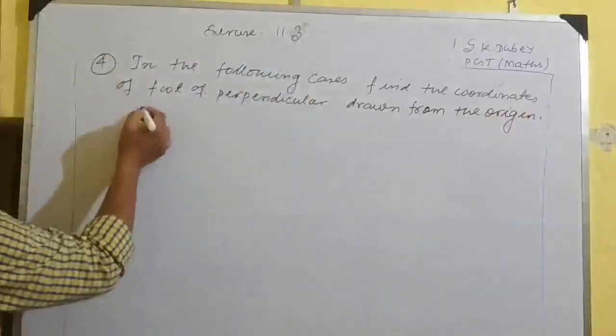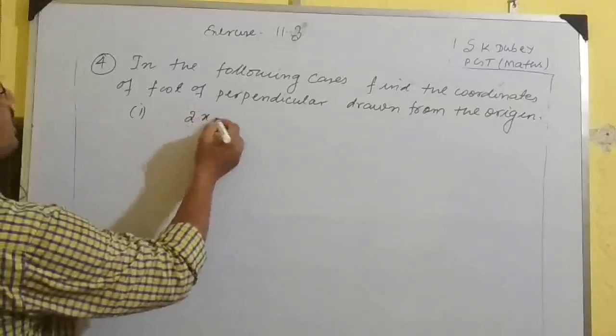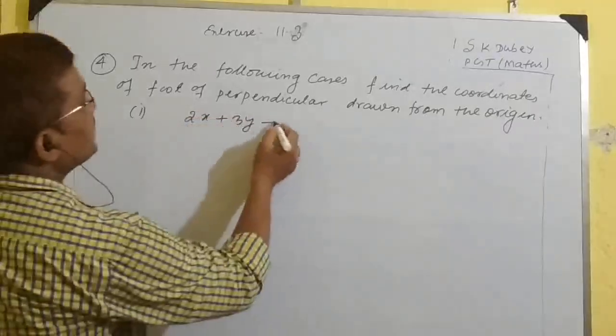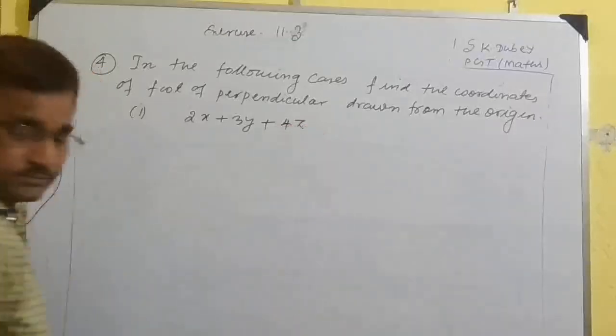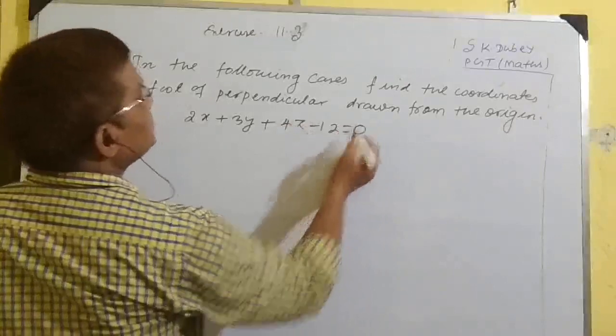And the first equation of the plane is 2x plus 3y plus 4z minus 12 is equal to 0.